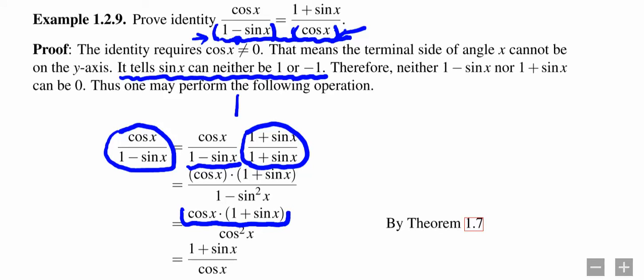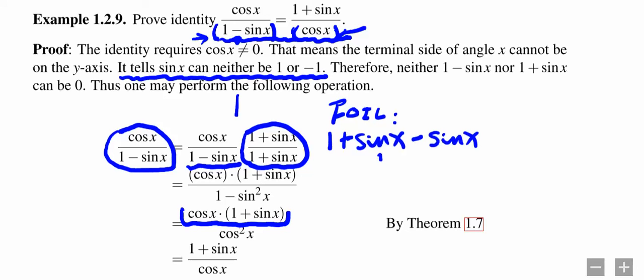You may do it by the FOIL method. 1 times 1 gives us 1. 1 times sine x is sine x. Negative sine x times 1 gives negative sine x. Those two will be cancelled.